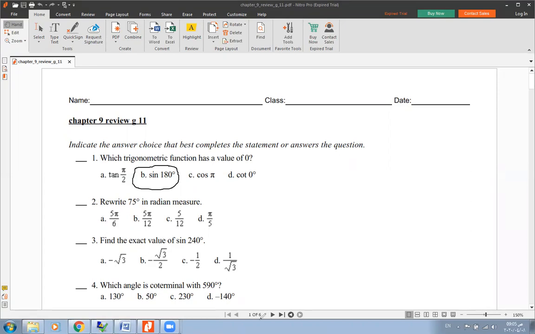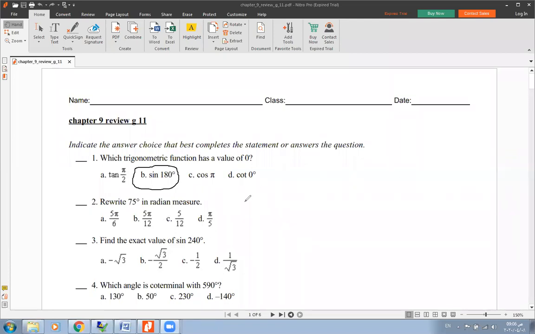The second one. Khalid Al-Manif. Okay, I need to change this degree into radian measure, 75 degree. We used the rule from before.